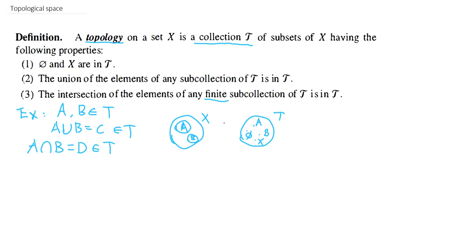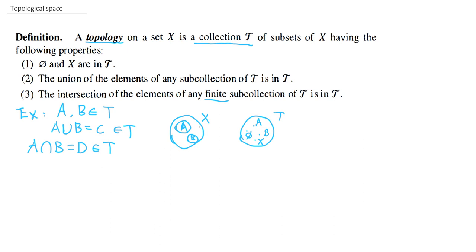So that is why we limit the intersection to finitely many elements of T. So those are the three properties that the subsets of X should satisfy in order to be an element of the topology T.